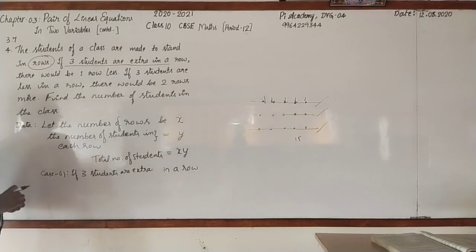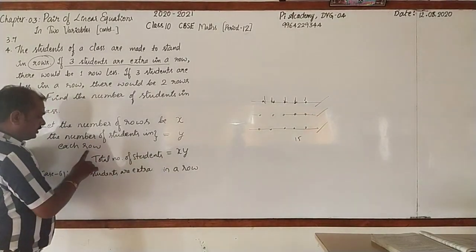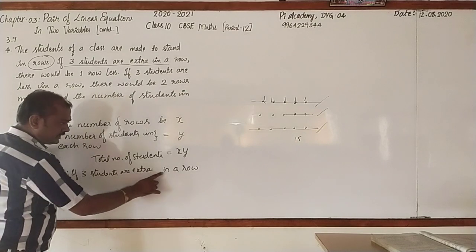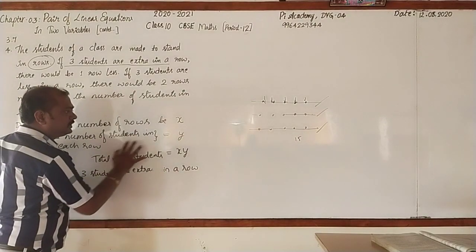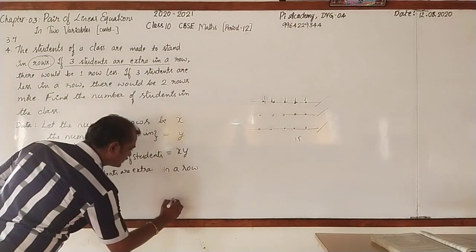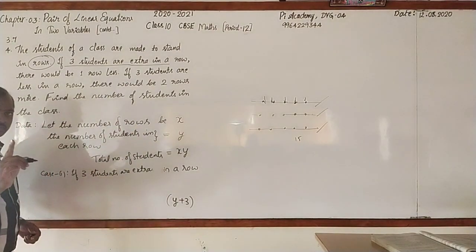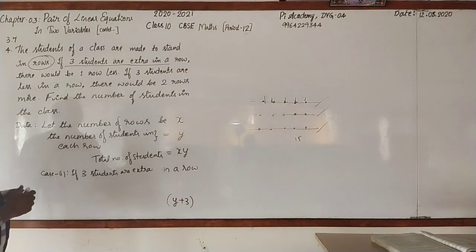There are X number of rows. Then the number of students in each row. See that if 3 students are extra in a row, in each row Y students are there. If 3 students are extra, we can write it as Y plus 3. Right? Hope that you have understood.